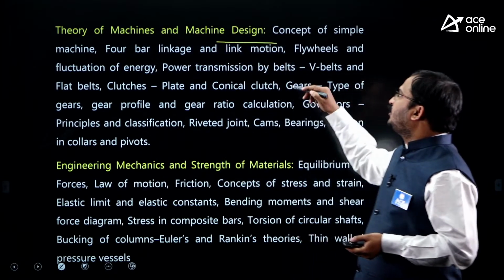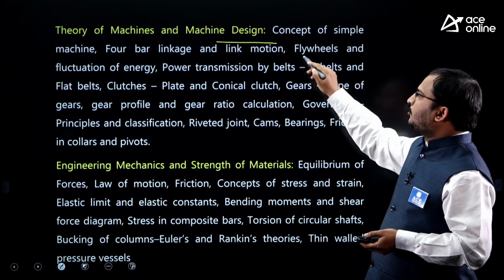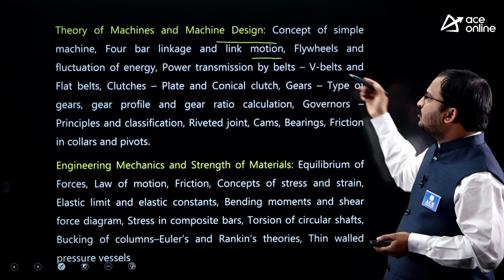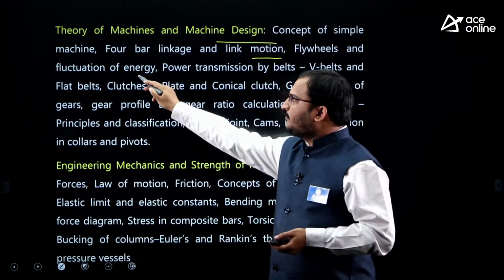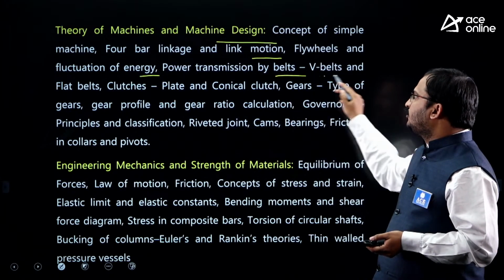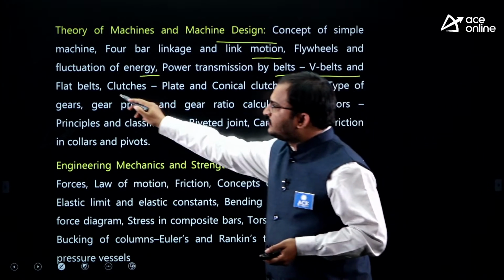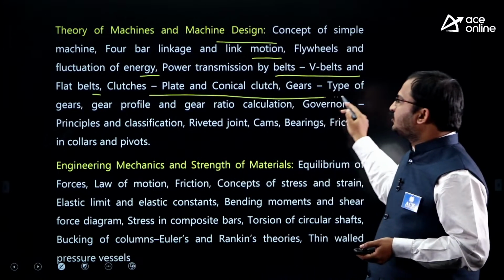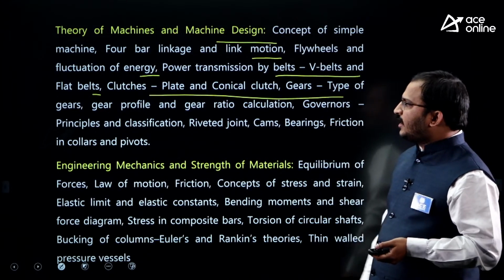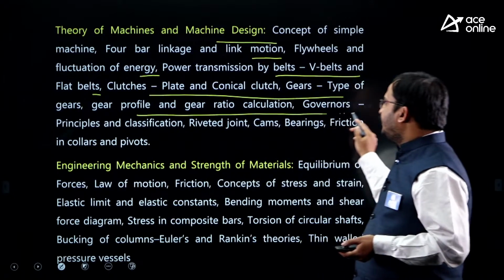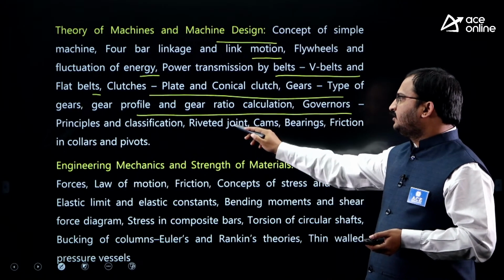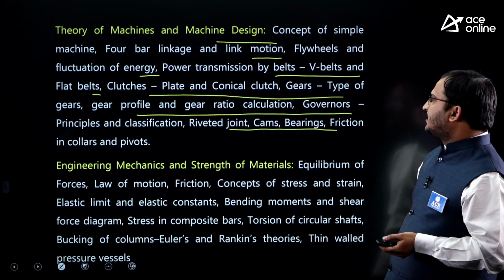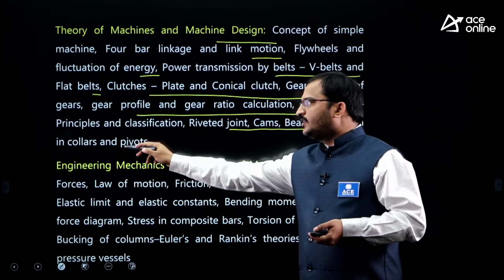Theory of machines and machine design. So here concept of simple machines, 4-bar linkage and link motion, flywheels and fluctuation of energy, power transmission by belts. So V belts and flat belts is there, clutches, you have gears, then gear profile and gear ratio calculation, governors is there, riveted joints, cams, bearings, friction in collars and pivots.